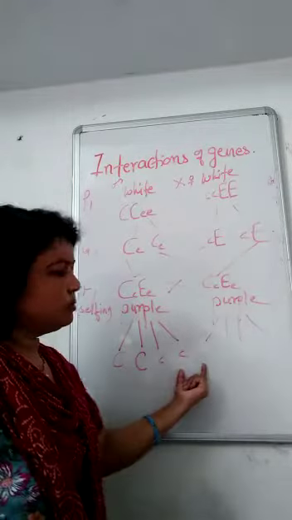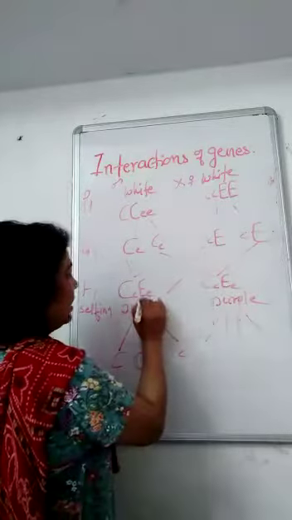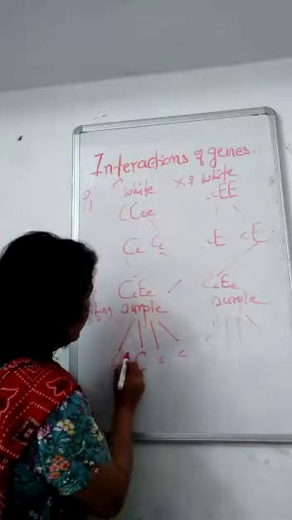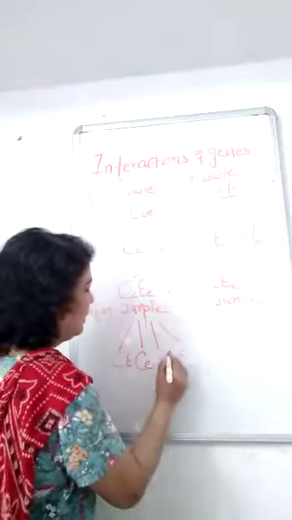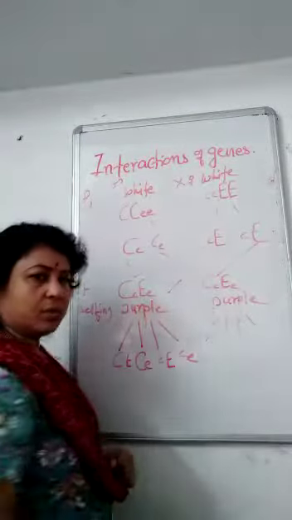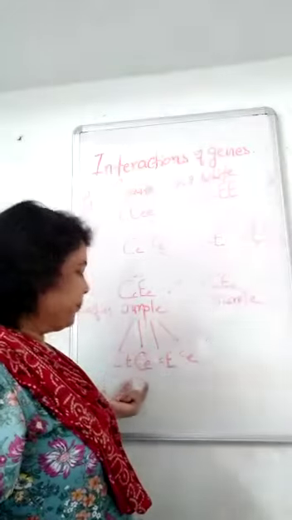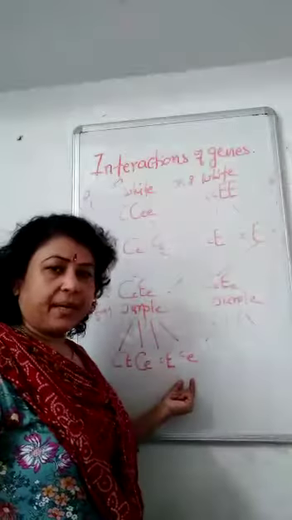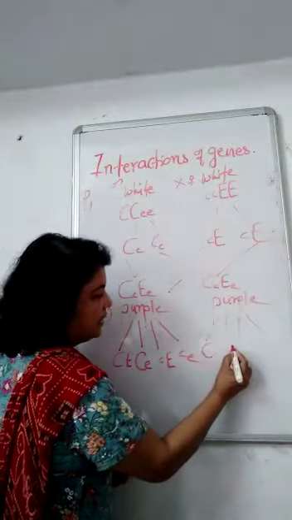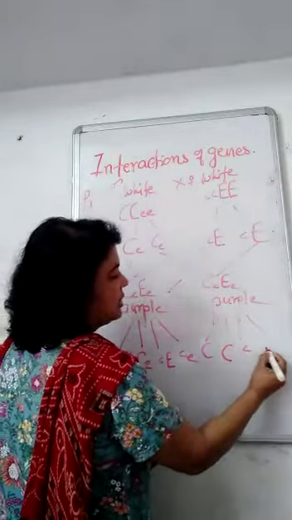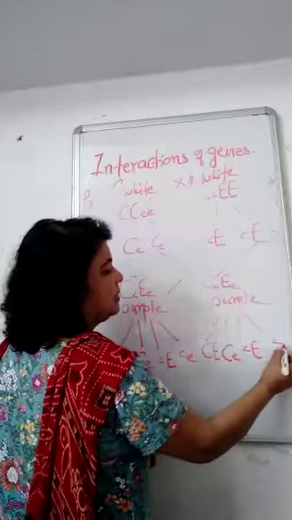So 2 times dominant, 2 times recessive. Okay. So the other allele is also taken first in dominant condition, then recessive condition, again dominant condition and recessive condition. So these 4 types of gametes are produced: capital C capital E, capital C small e, small c capital E, small c small e. Here also similarly, capital C, small c, capital E, small e.